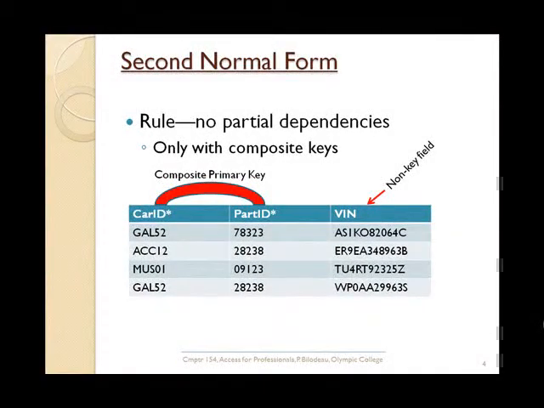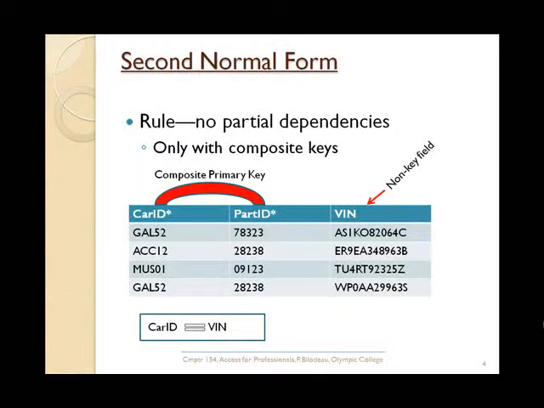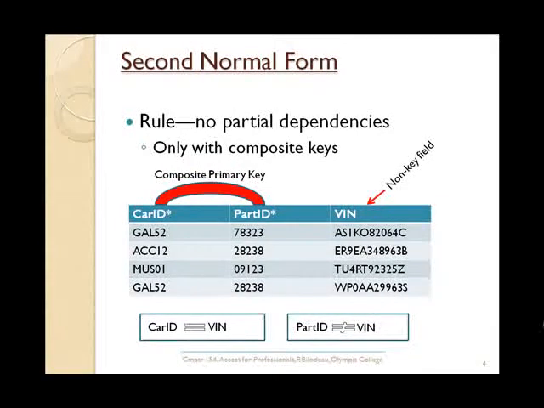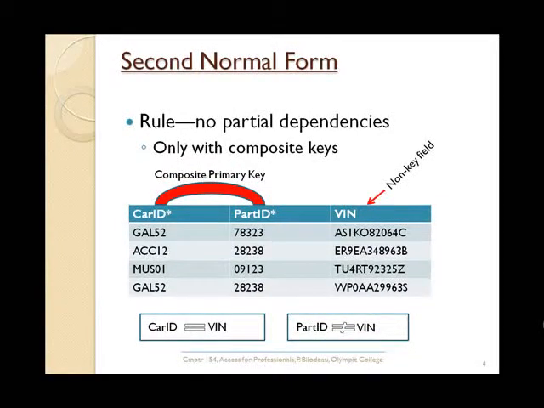However, the VIN has a direct relationship with only the car ID. This is because VINs apply to individual cars since every car has a VIN. The part ID has nothing to do with the VIN. Therefore, a partial dependency of this non-key field exists.